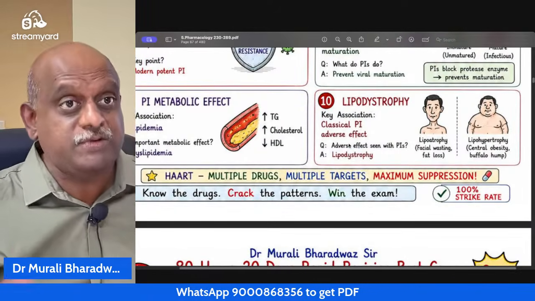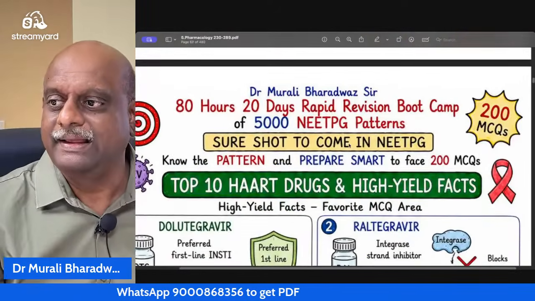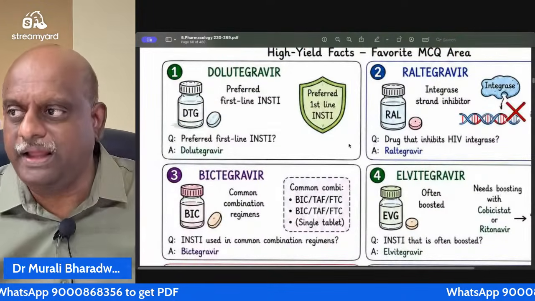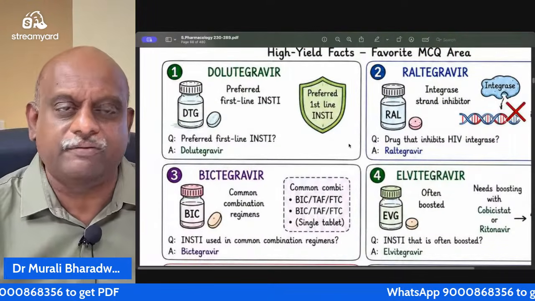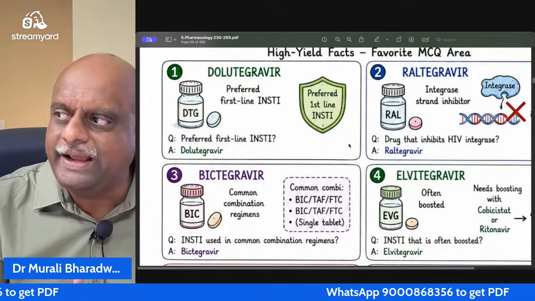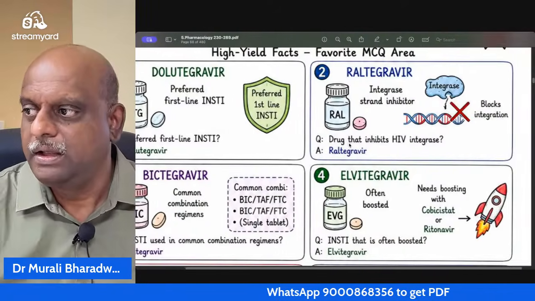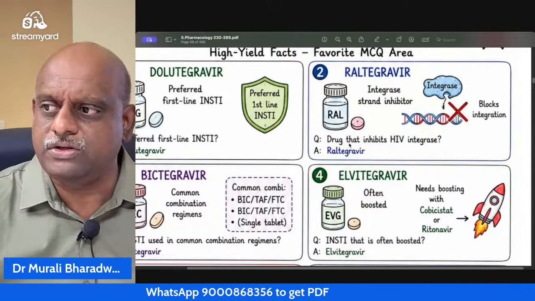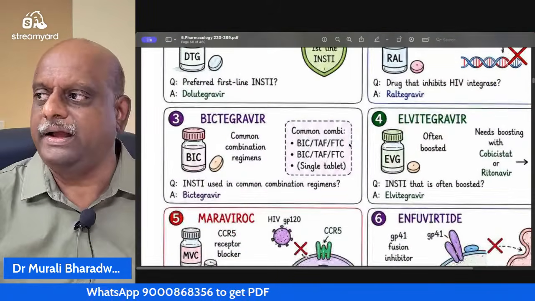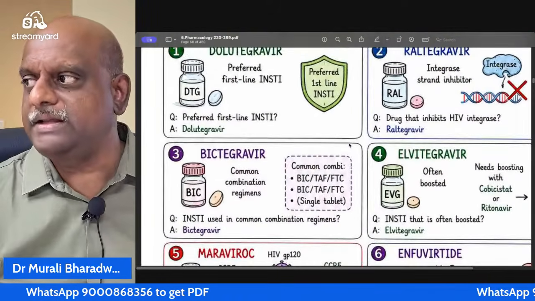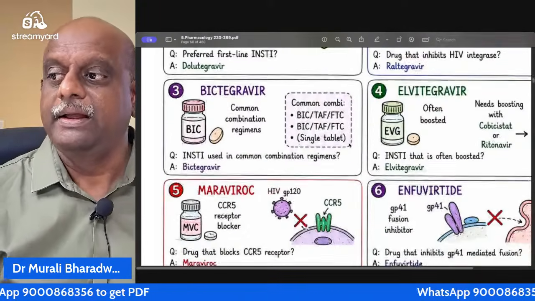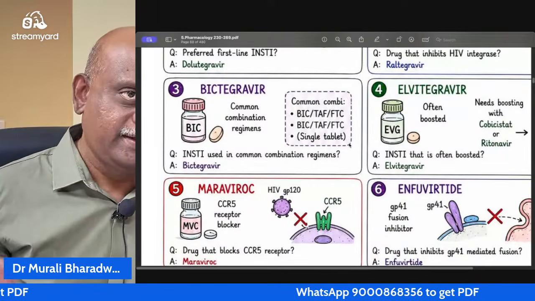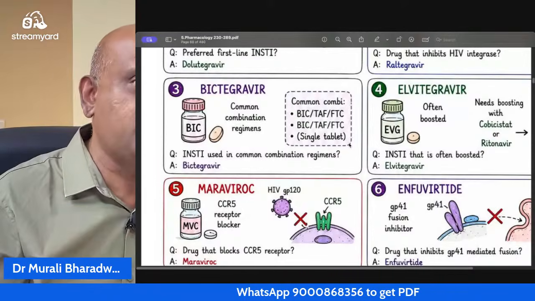It's one nice image-based question. Then, what is the first line integrase inhibitor? Favorite question. Dolutegravir. Similarly, raltegravir also is an integrase inhibitor, right? So all these integrase inhibitors and NRTIs, their combination therapy is the most common regime.